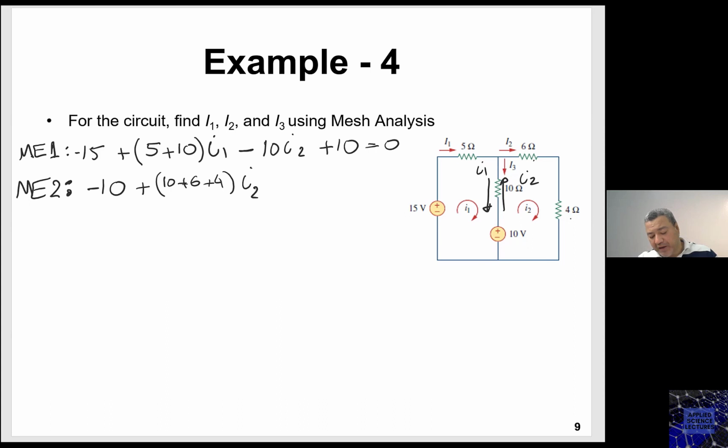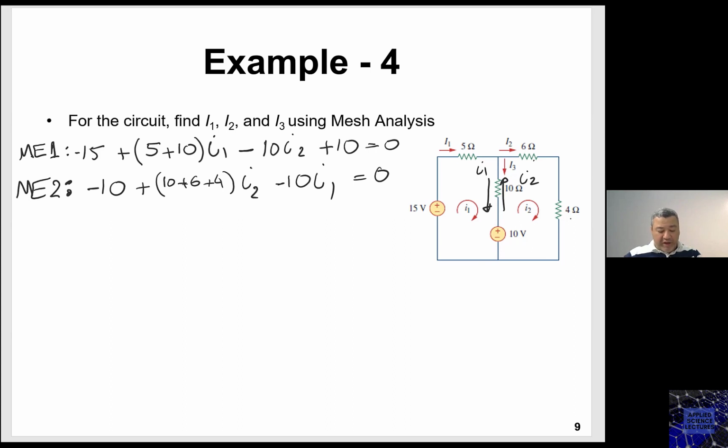So always keep in mind, if you have both mesh currents in the same orientation, clockwise as this way here, this means they are in the opposite direction, right? If both are clockwise or both are counterclockwise, they will be in the opposite direction. So here minus 10 I1 equals to 0. So those are the two mesh equations.